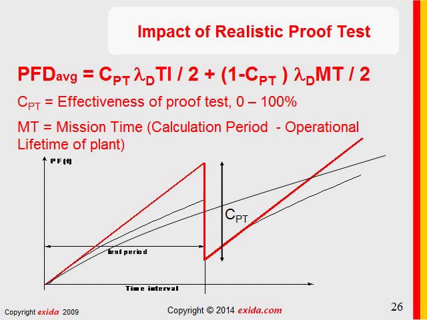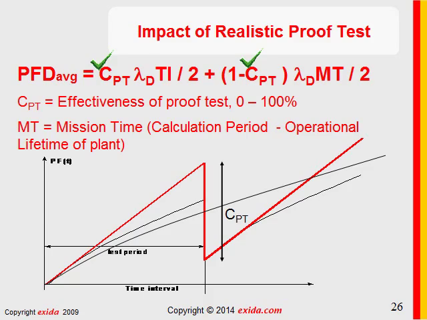Now, if we go back to a very simplified approximation, and we have an estimate of proof test effectiveness, the coverage of a proof test, the formula for the initial part of the equation, the DU part, simply gets divided into the part that's detected during a proof test, this first term, and the part that's not detected during a proof test, which is the second term. I did want to simplify this for you and give you one variable at a time. That's how you account for proof test.